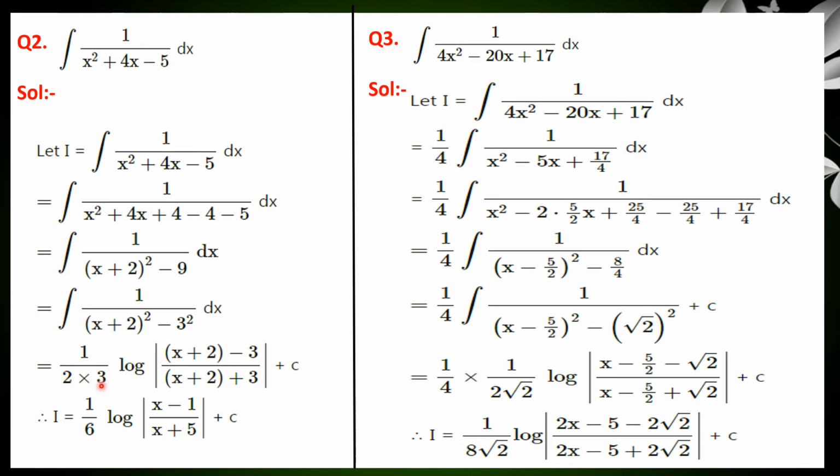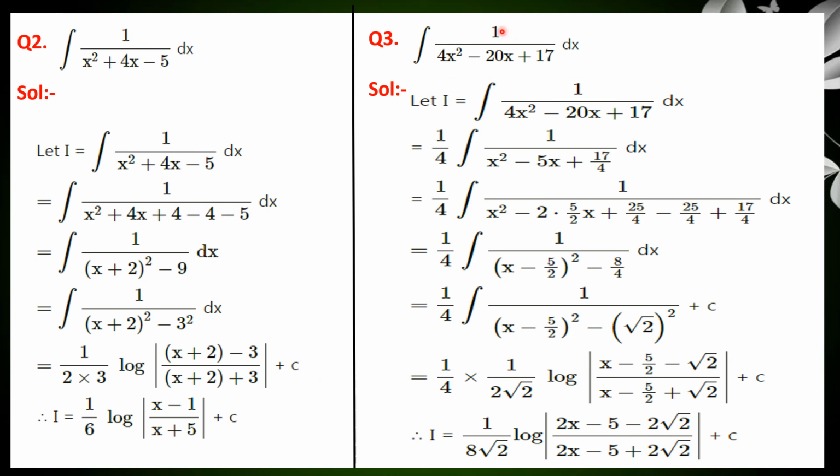So 1 upon 2 into 3 log modulus of x minus a by x plus a, but here in place of x we have x plus 2. X plus 2 minus 3, that is x minus 1, x plus 2 plus 3, x plus 5. So the answer is 1 upon 6 into log modulus of x minus 1 upon x plus 5 plus c.